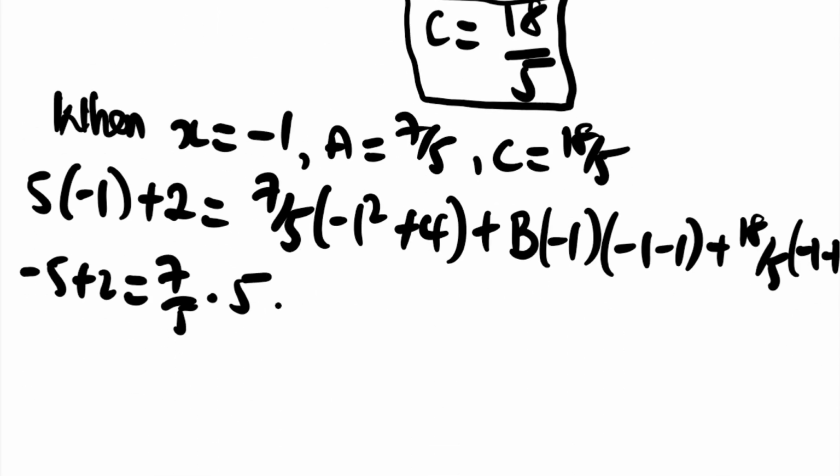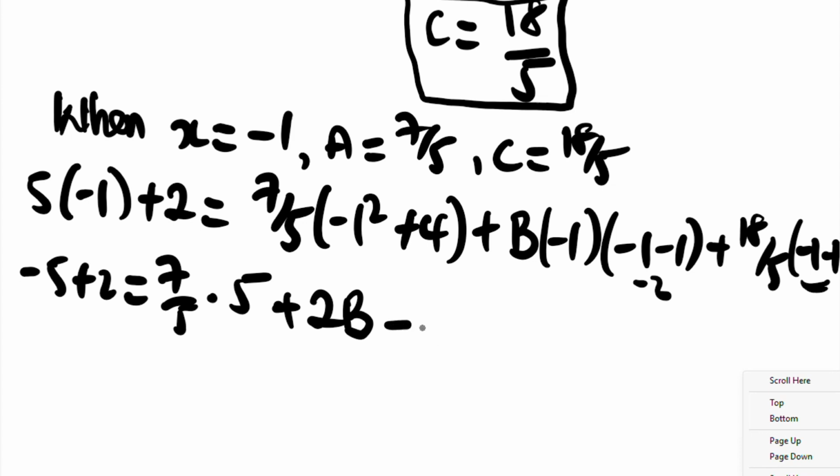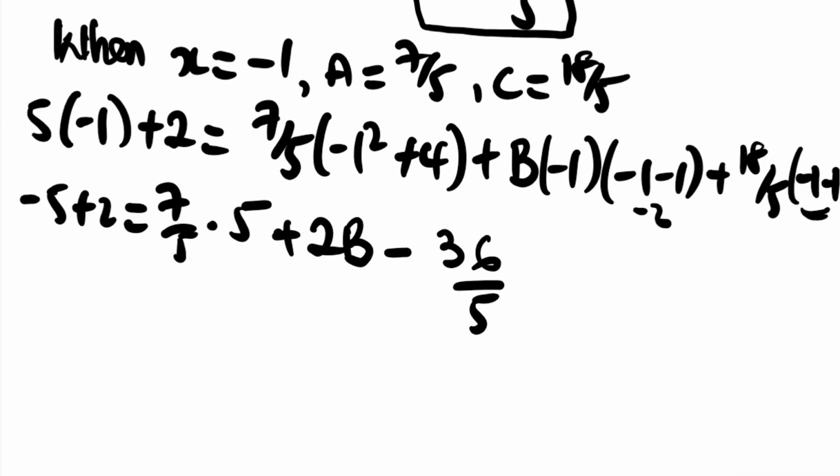So plus this negative 1 times negative 1 is going to be negative 2 times negative 1, that will give you plus 2b, plus negative 2 is coming from this bracket as well. So it's going to be negative 2 times 18, that's 36, so 36 over 5.